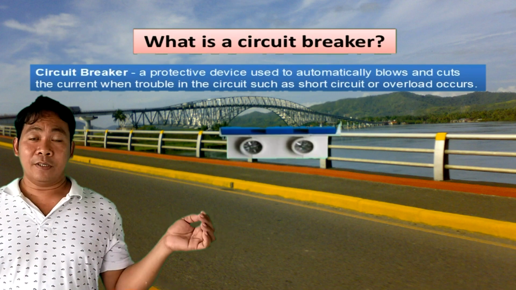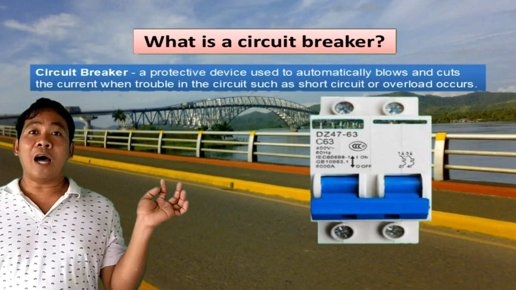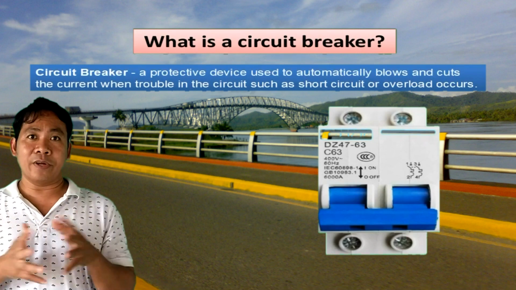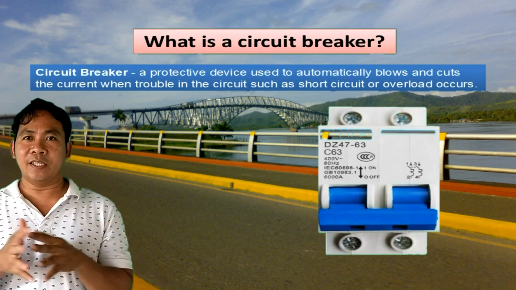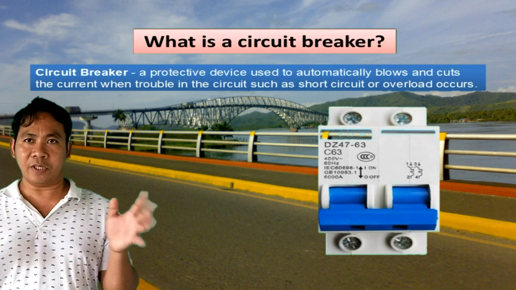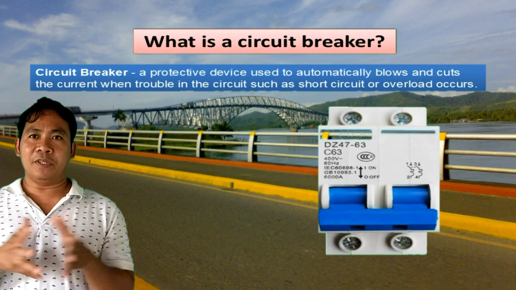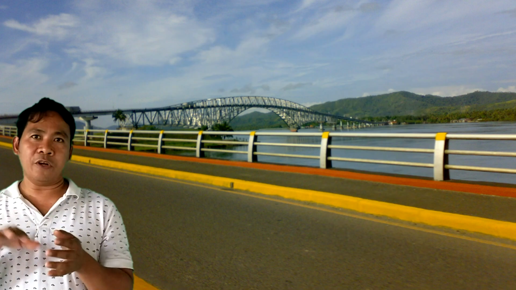A circuit breaker is a protective device that automatically cuts the current when there's trouble in the circuit, for example a short circuit or overloaded current in your appliances, so it will automatically trip off.